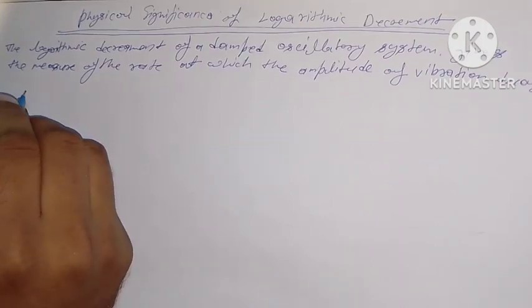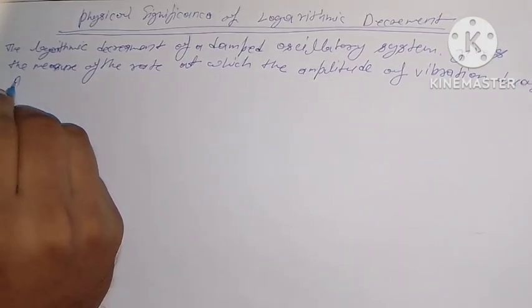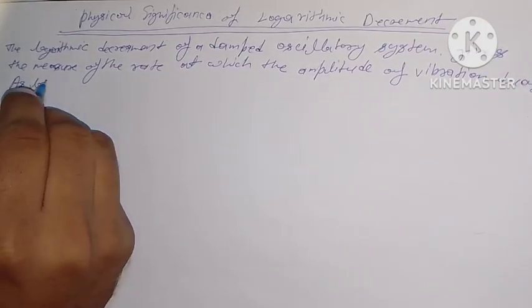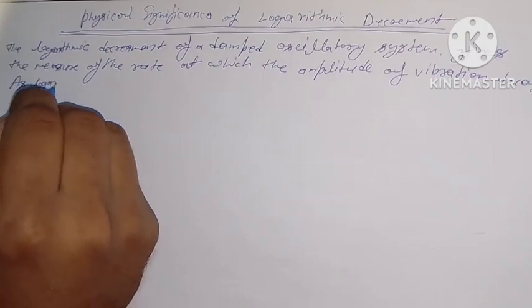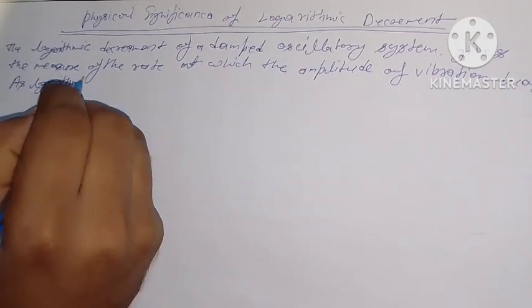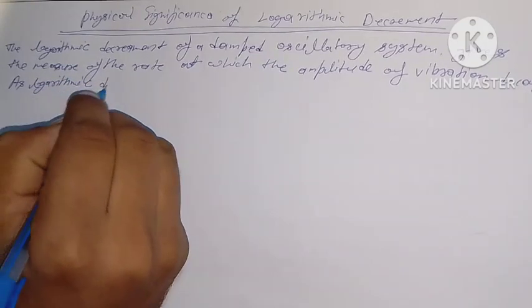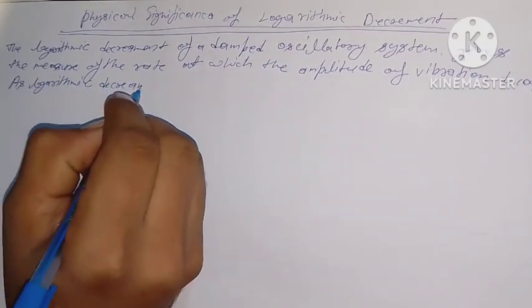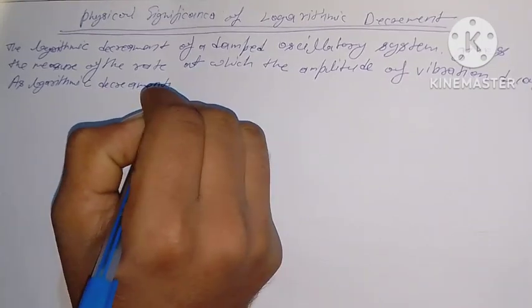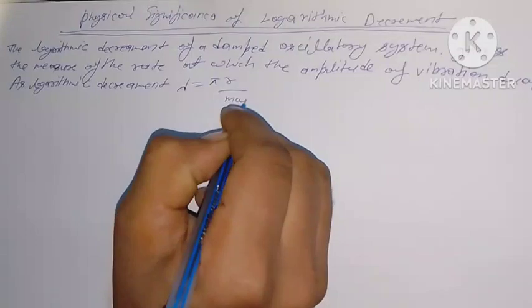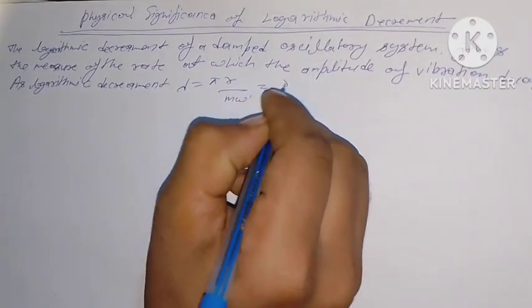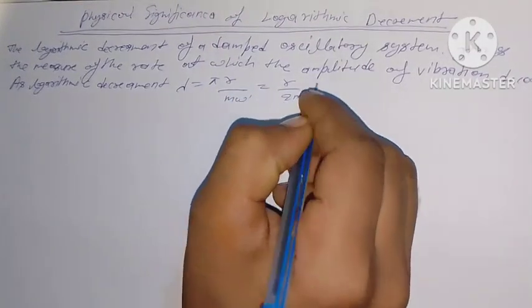As logarithmic decrement lambda equals pi r by m omega dash, that is r by 2m into t.